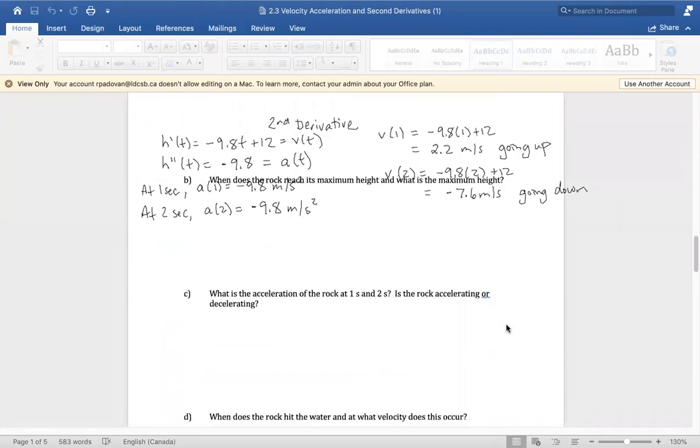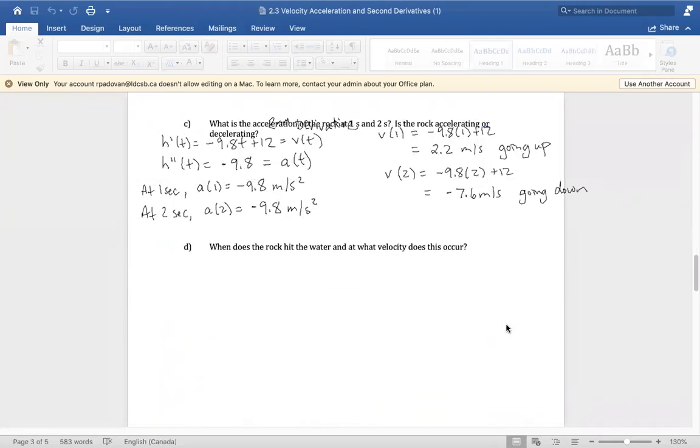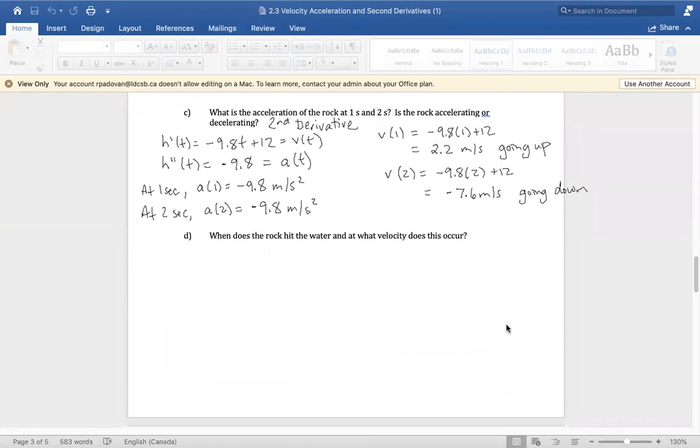So let's go back here to C. My velocity at 1 second is a positive number. My acceleration at 1 second is a negative number. So do you remember what that chart just said? I have a positive number and a negative number. So just to point out here, let's change our color. We have the signs are different.